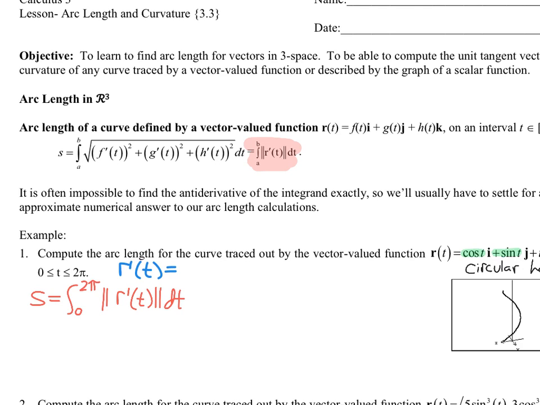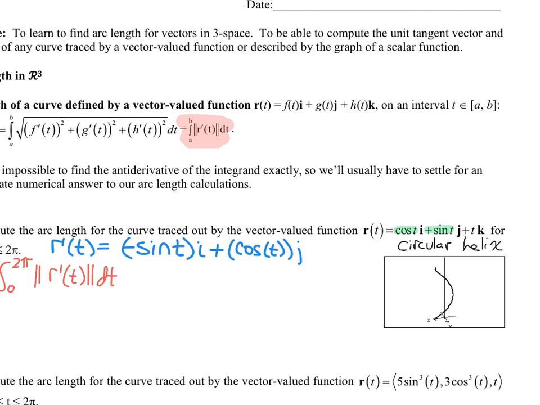Cosine has a derivative of negative sine. Sine has a derivative of cosine. And the last component is just a t, so that has a derivative of 1. I'm going to write the 1 in there.